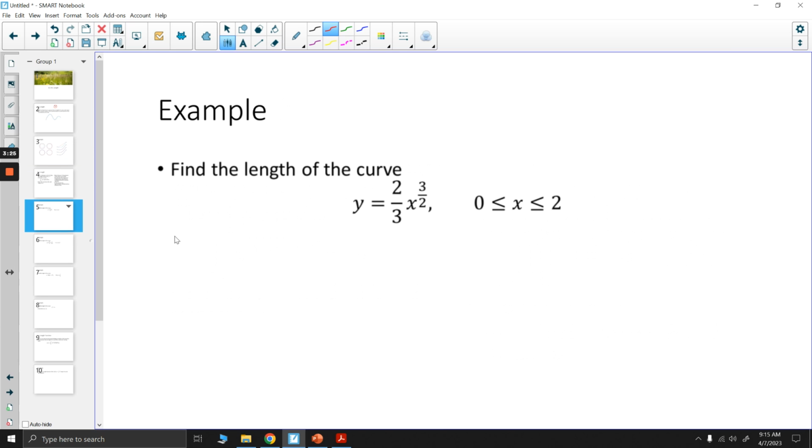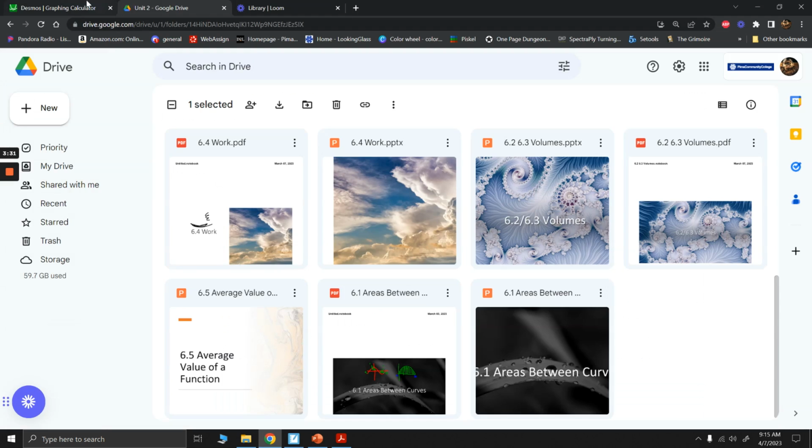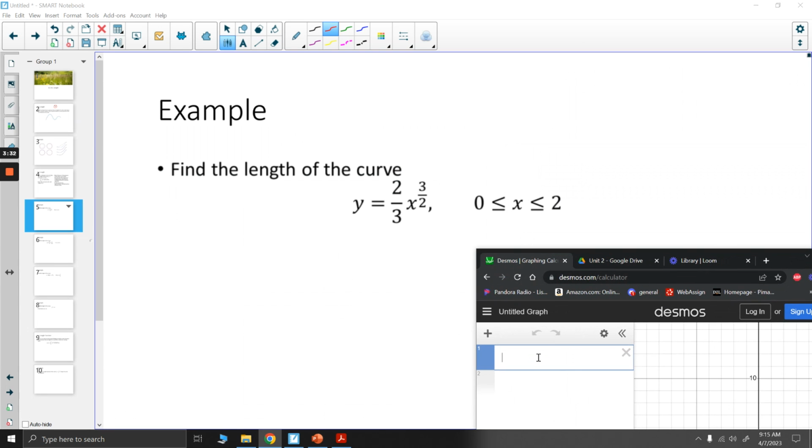Okay, so let's find the length of the curve of this thing from 0 to 2. So first of all, let's take a look at this graph here. We have f of x equals 2/3 x to the 3/2, and we're going to do this from 0, so I'm going to say 0 is less than or equal to x, which is less than or equal to 2.